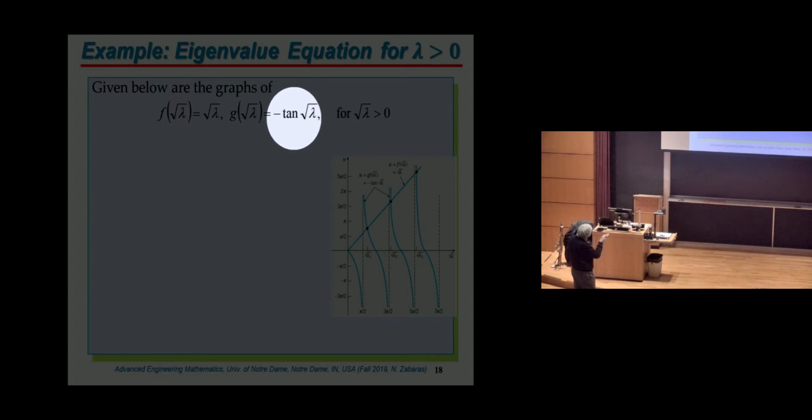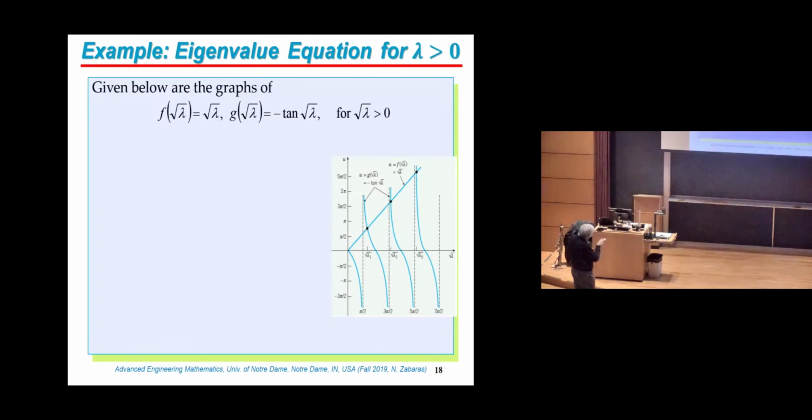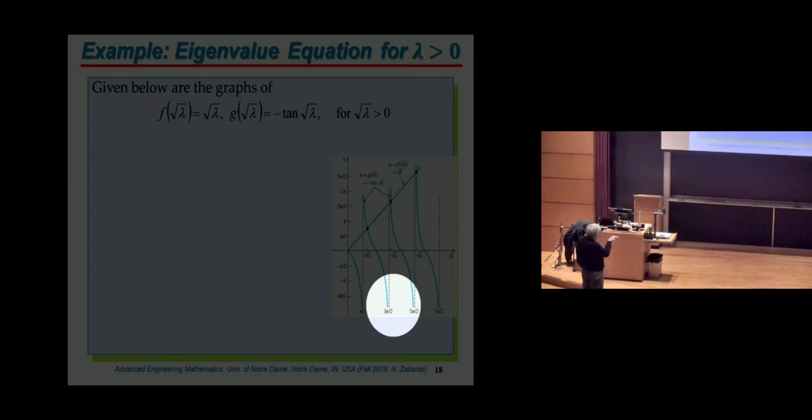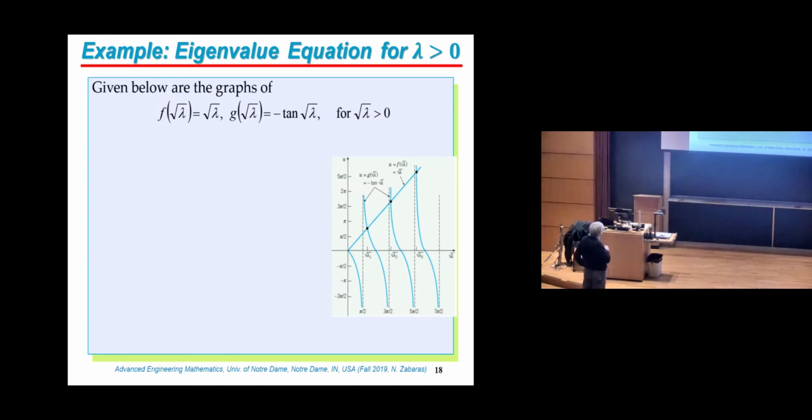And then plot minus tangent of x, which are these nice curves that you see there that vary asymptotically in the intervals pi over 2 to 3 pi over 2, 3 pi over 2 to 5 pi over 2, etc. So can you see now that there are infinite eigenvalues?